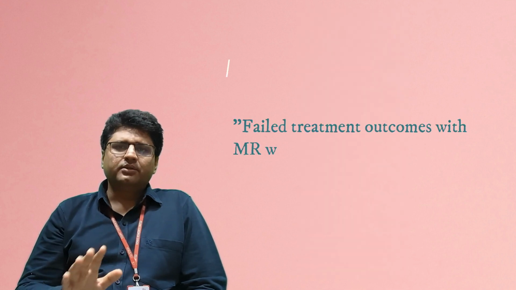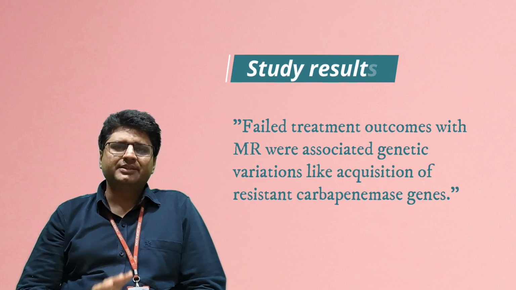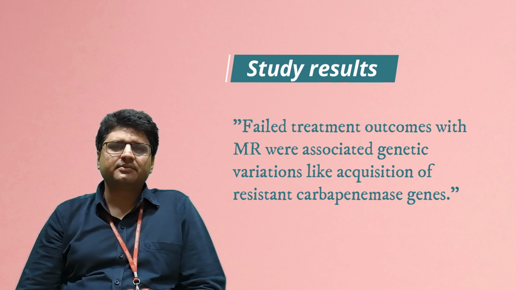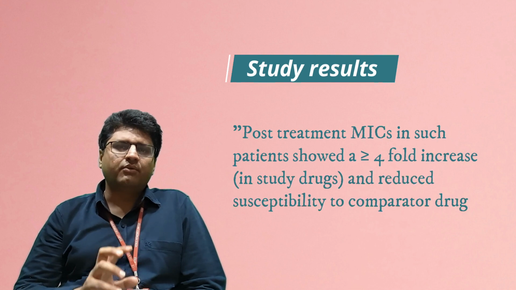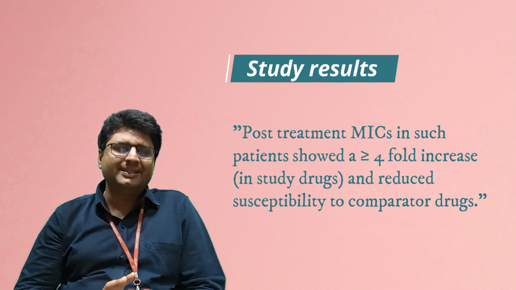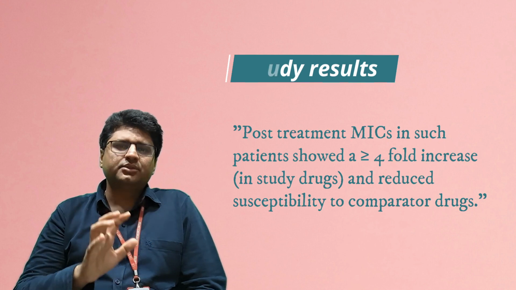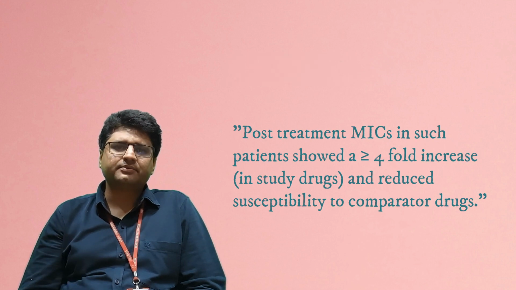So we can conclude that the failed treatment outcomes with meropenem were associated with genetic variations like acquisition of carbapenemase genes. And post-treatment MICs in such patients showed a 4-fold or more than 4-fold increase for the study drugs and reduced susceptibility even to comparator drugs like Elores.